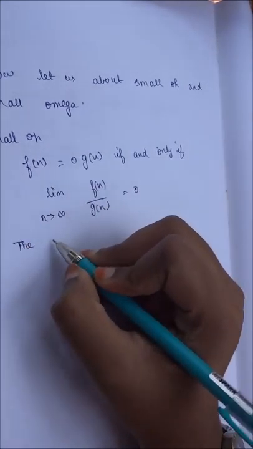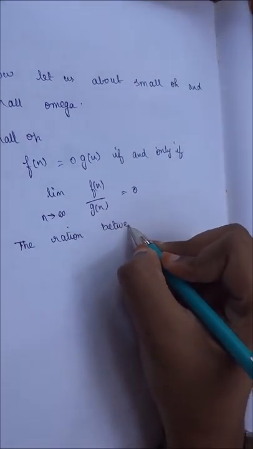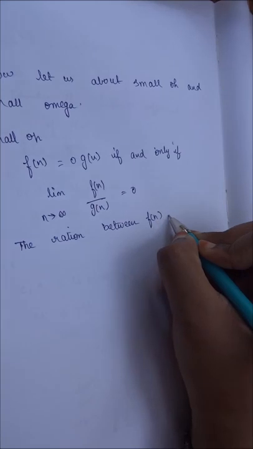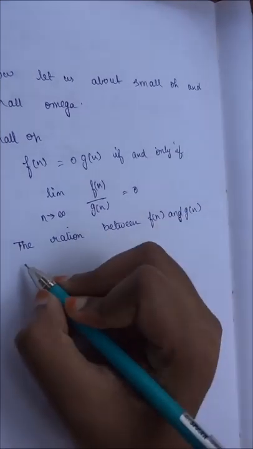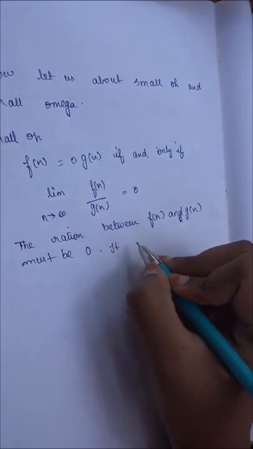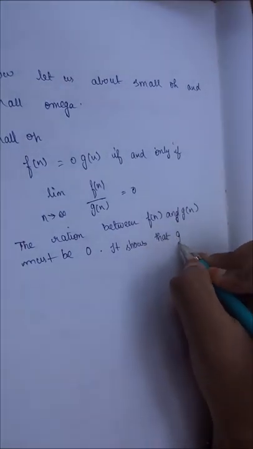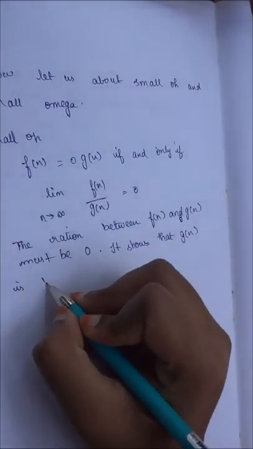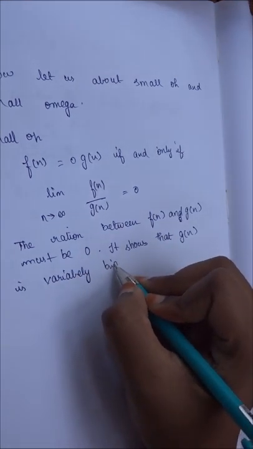The ratio between f of n and g of n must be 0. It shows that g of n is variably bigger.